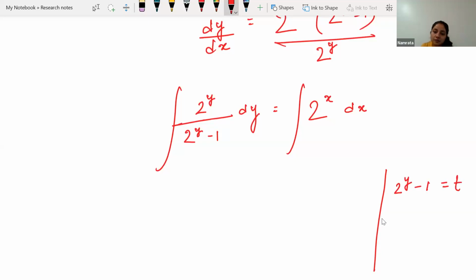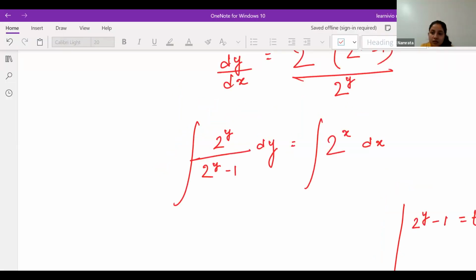Okay, can you tell me the derivative of a to the power x? What is the derivative of a to the power x? It's a raised to the power x log a.